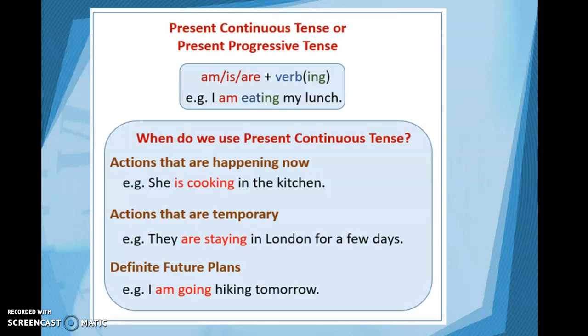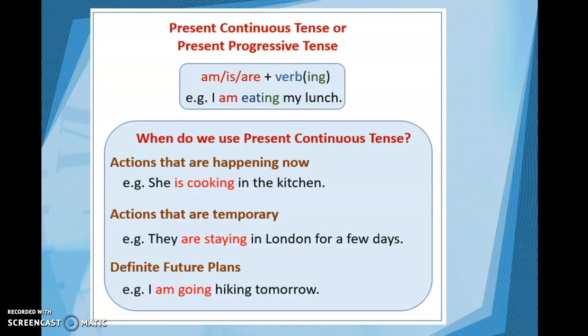For example, dear students, I am eating my lunch. This is the work I am doing at the present situation. In this case, I can't use "I are eating my lunch" or "I is eating my lunch".